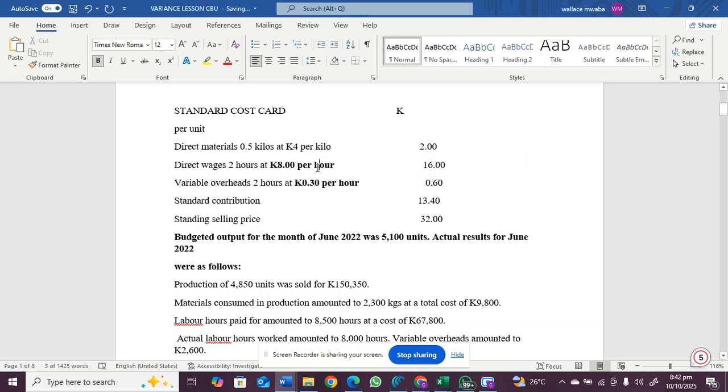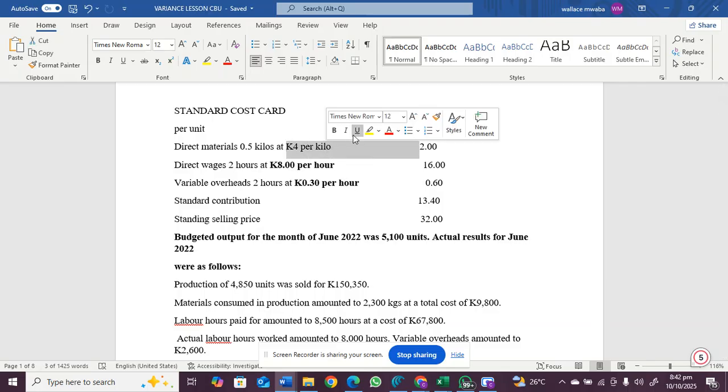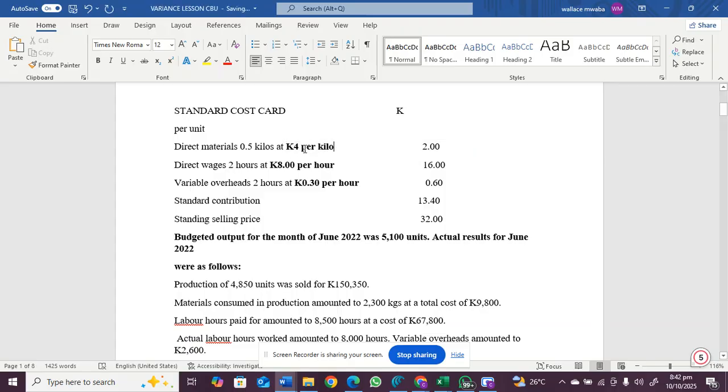This 8 kwacha was for labor. Basically, these are the rates here. When you see a standard cost card, just remember these numbers at the end, these are the rates. So if you hear any rate variance, just know you're dealing with these.